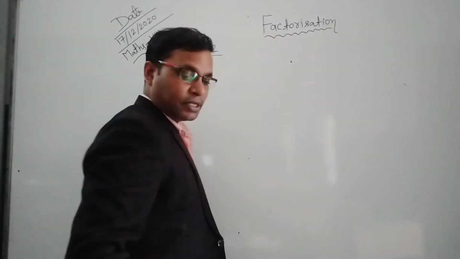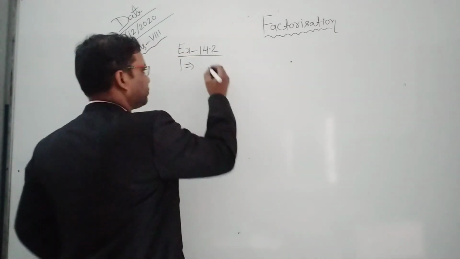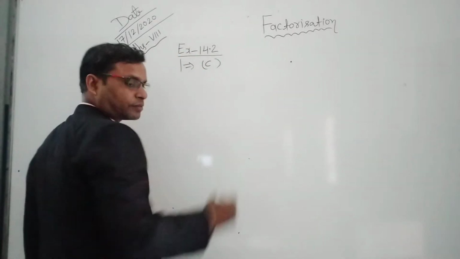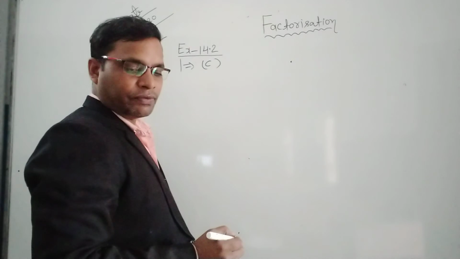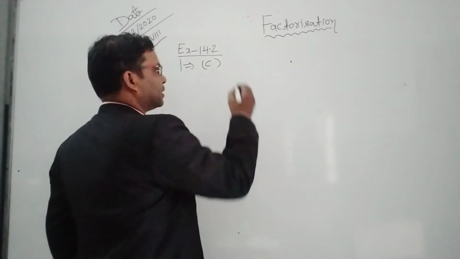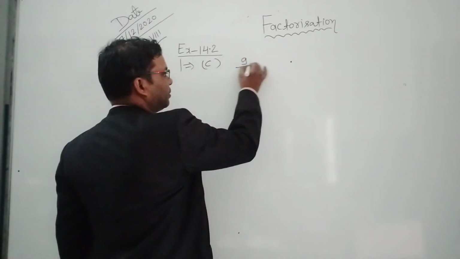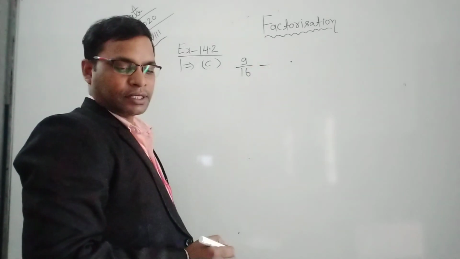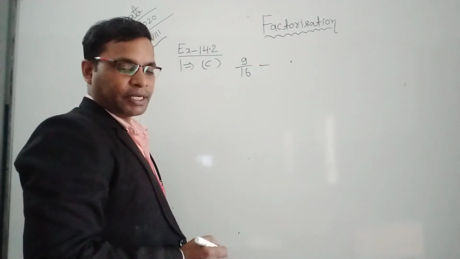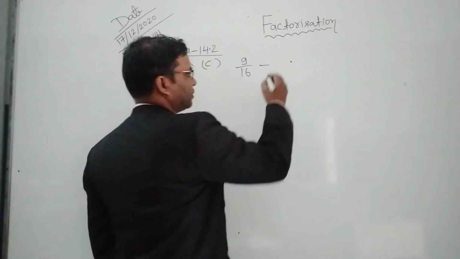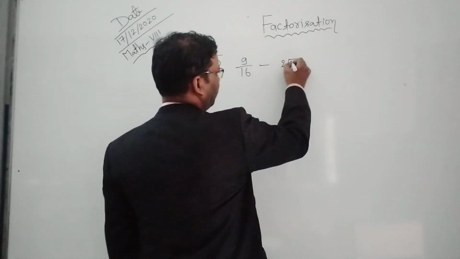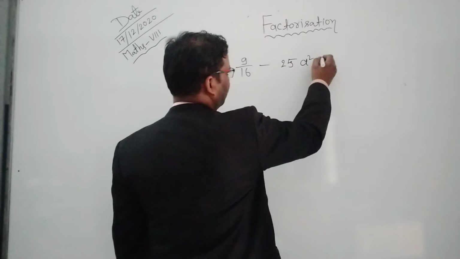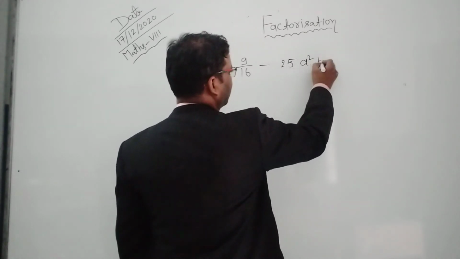What is in part C? In part C we have 9 by 16 minus 25 a square into b square.